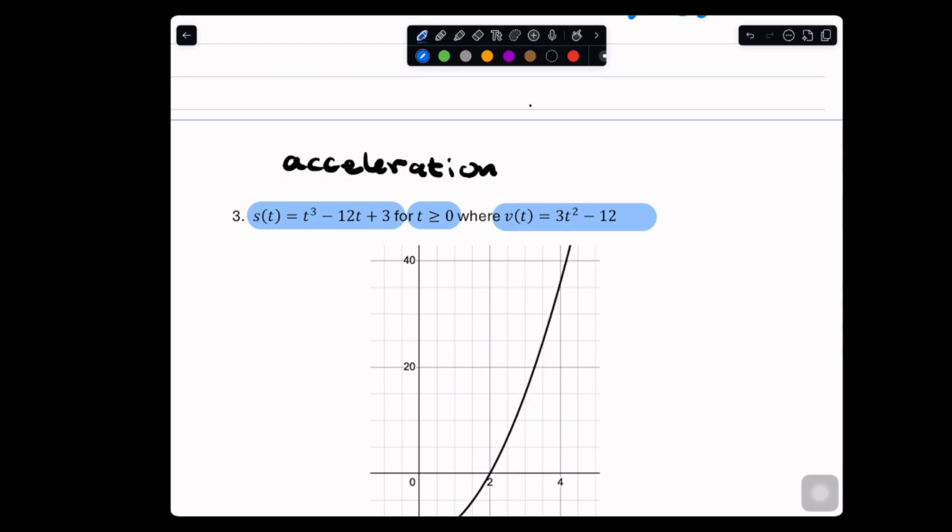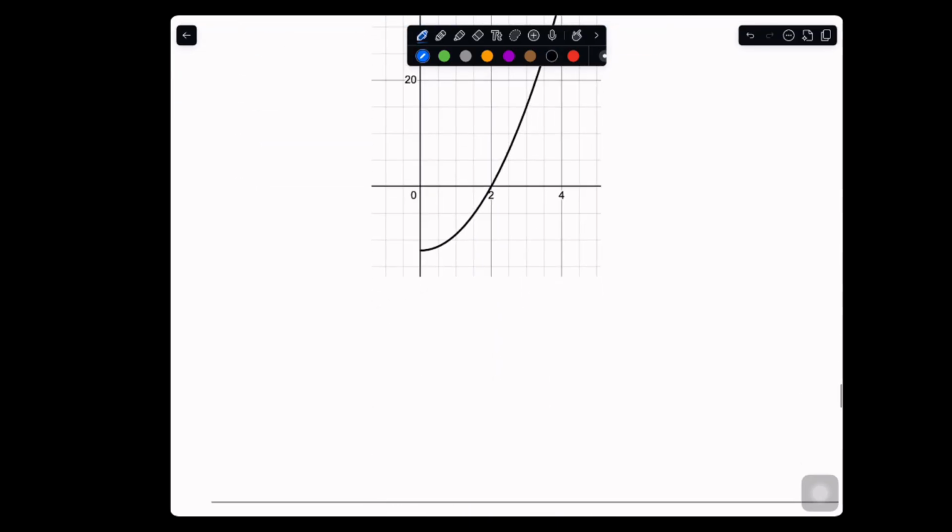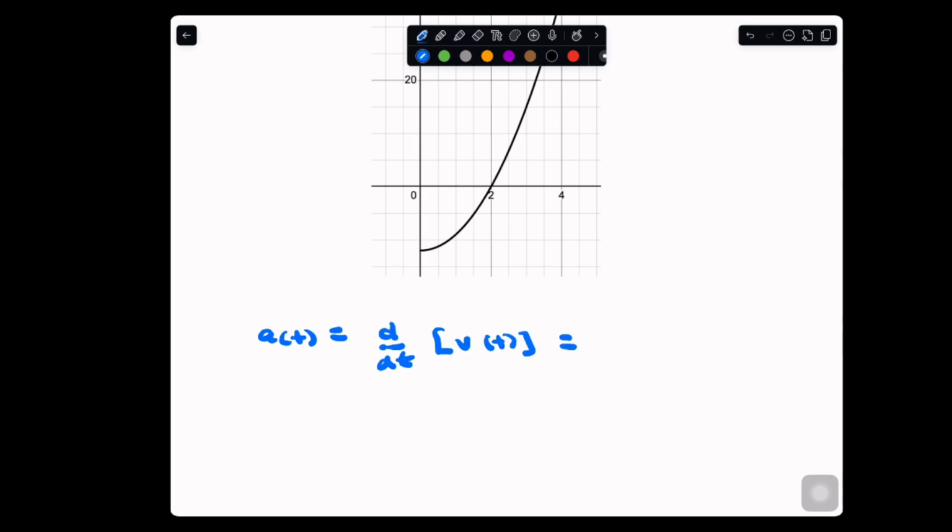And what did we learn yesterday? What is acceleration? Do you guys remember? Acceleration is the derivative of velocity. Okay? This is actually known as v prime of t as well.